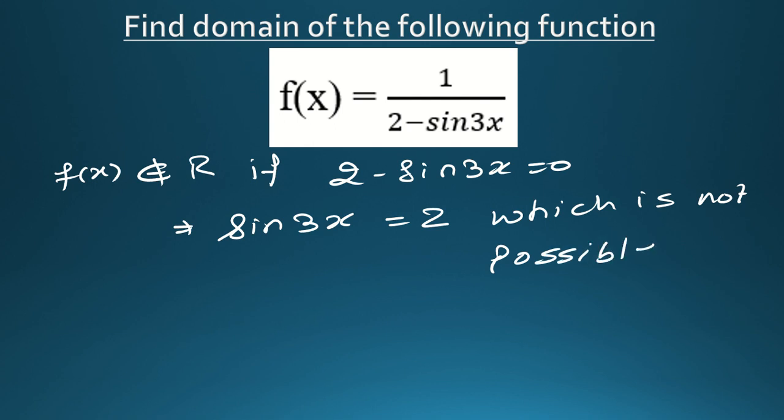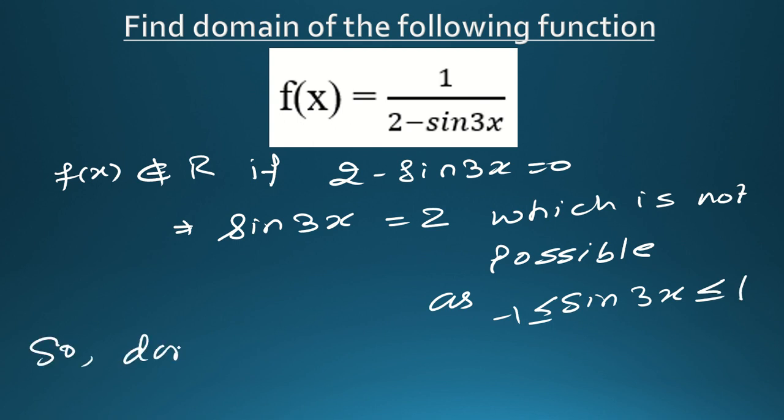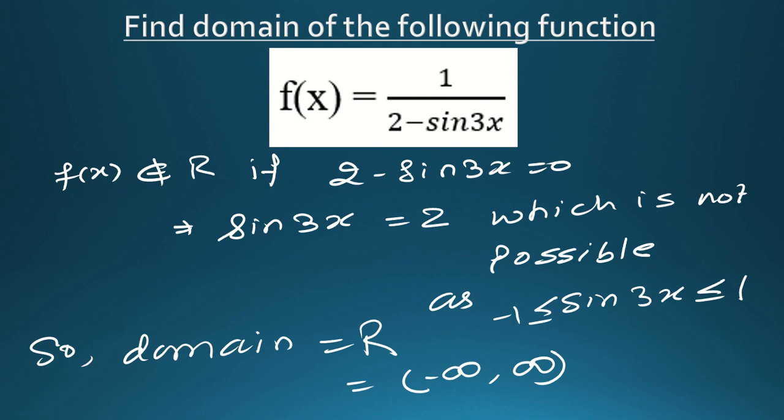Because the maximum value of sine is 1. Just for your reminder, sine 3x will lie between minus 1 and plus 1. So its domain will be all x, meaning the set of real numbers, because there will be no x for which the function will be undefined.